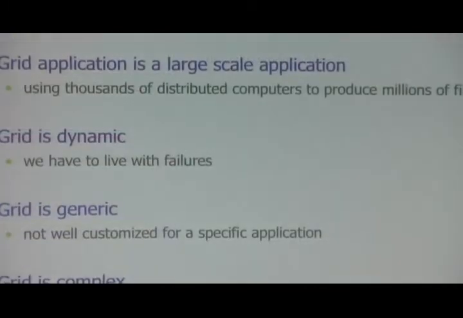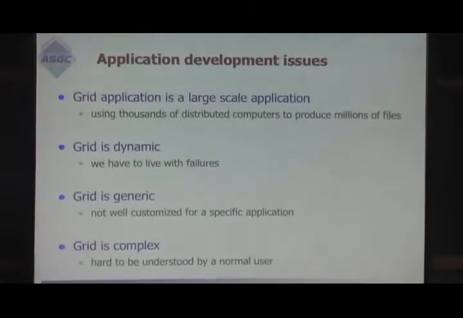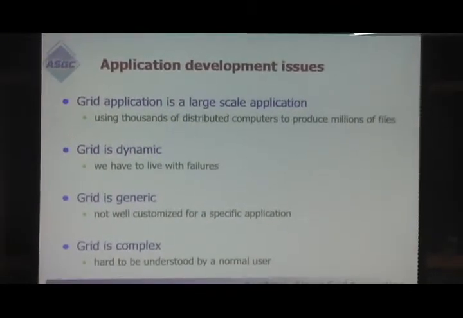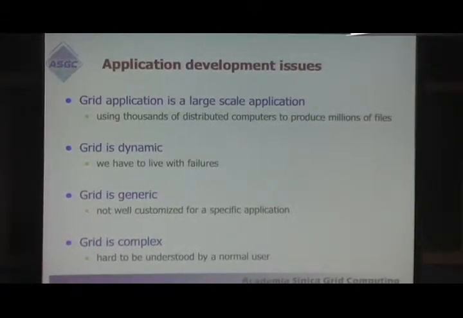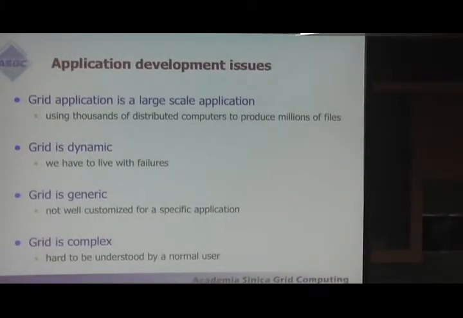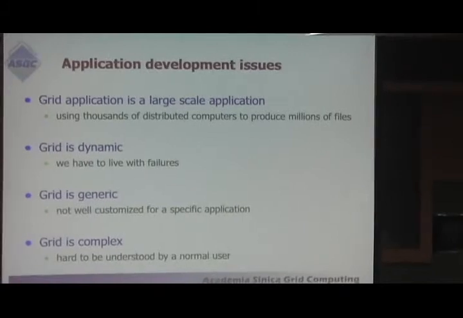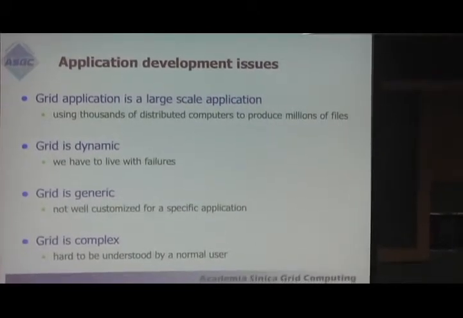So what are the issues of application development? The first is that grid application is a large-scale application. It's not just using hundreds of CPUs, but thousands of CPUs and maybe tens of thousands of CPUs in the future.